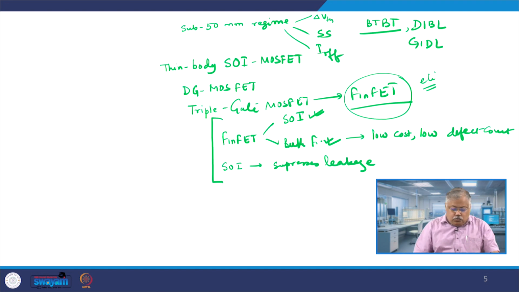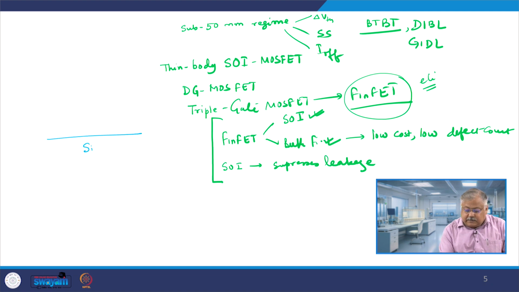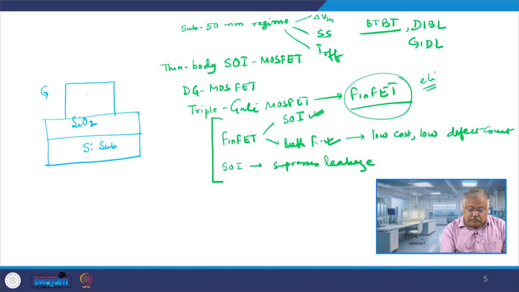Let me show you an SOI FinFET, since a bulk FinFET you have already seen. So, if you have this as a silicon substrate, and then you have silicon dioxide, and then surrounding it by gate, the fin will be somewhere in the middle.